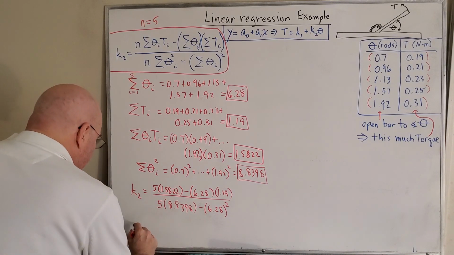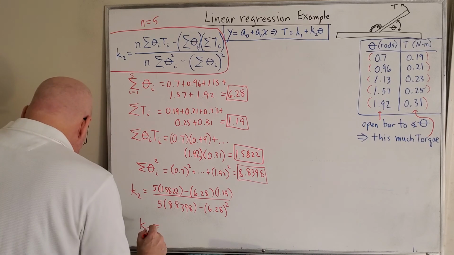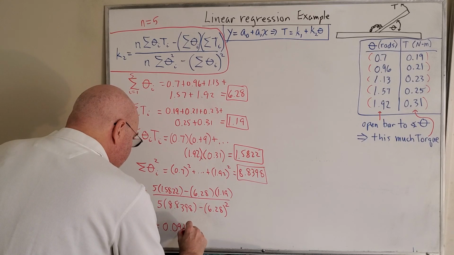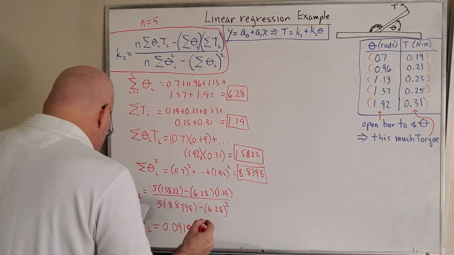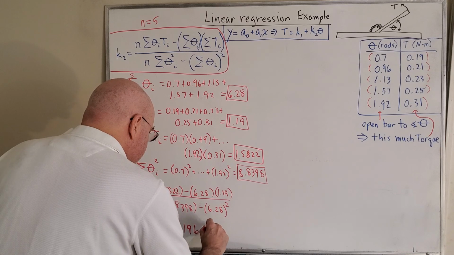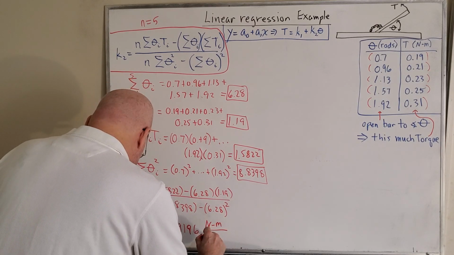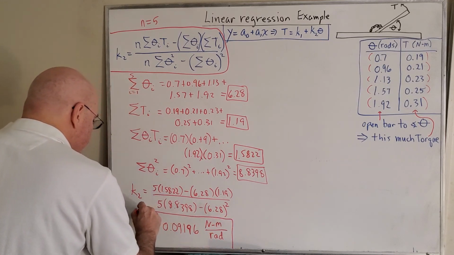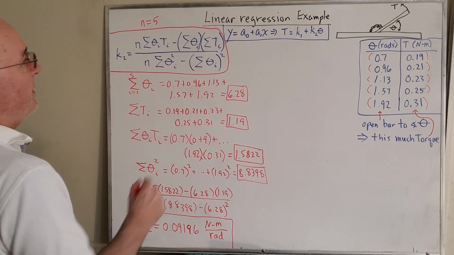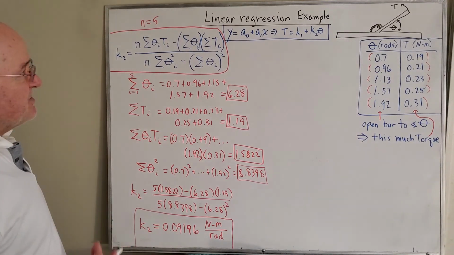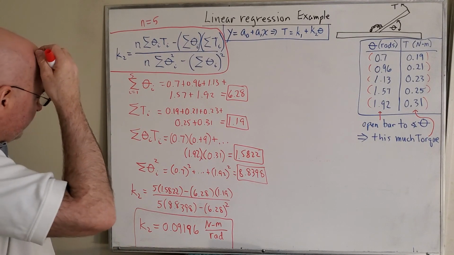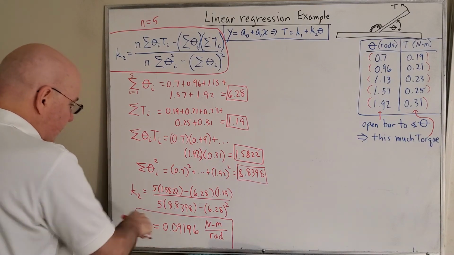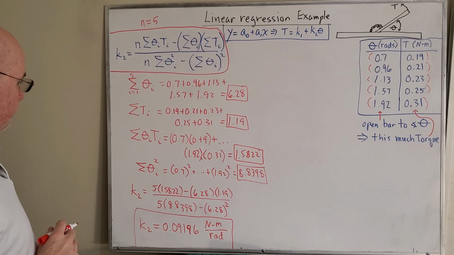Okay, so that simplifies to 0.09196, and I'll go ahead and write Newton meters per radian, the units. That's K2, so we already have our slope. Now we just need to come up with K1, which is the y-intercept, which requires K2. So we had to do it in that order.